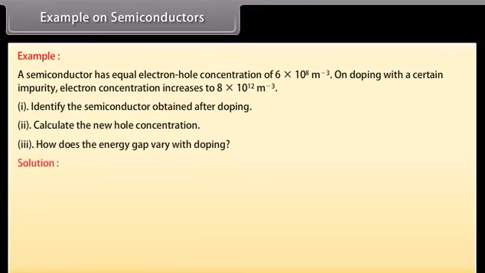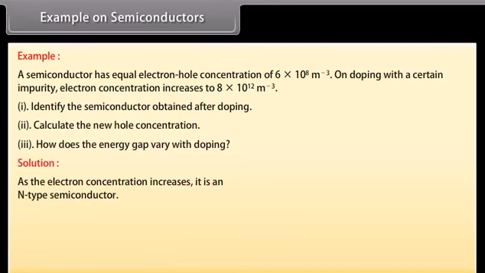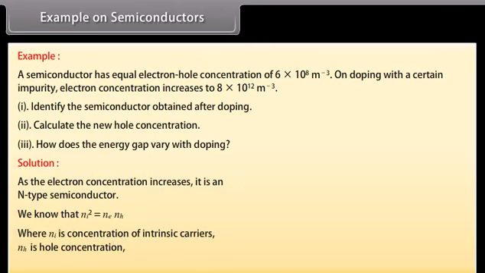Let's see the solution. As the electron concentration increases, it is an N-type semiconductor. We know that Ni squared is equal to the product of Ne and Nh, where Ni is concentration of intrinsic carriers, Nh is hole concentration, and Ne is electron concentration.